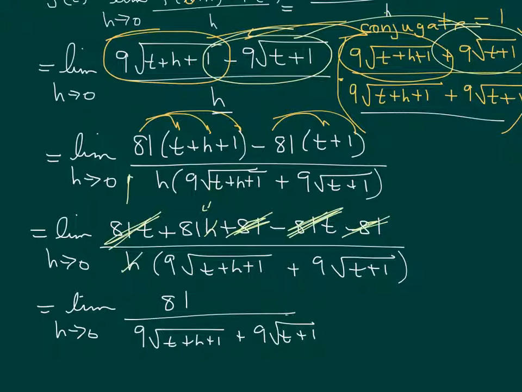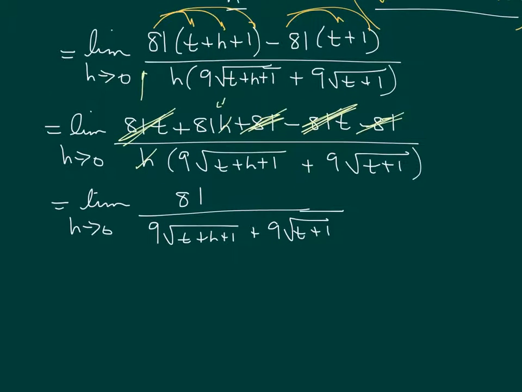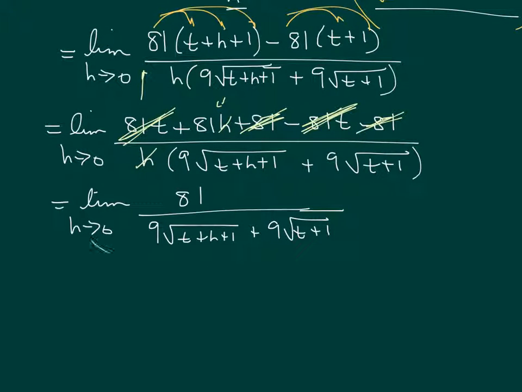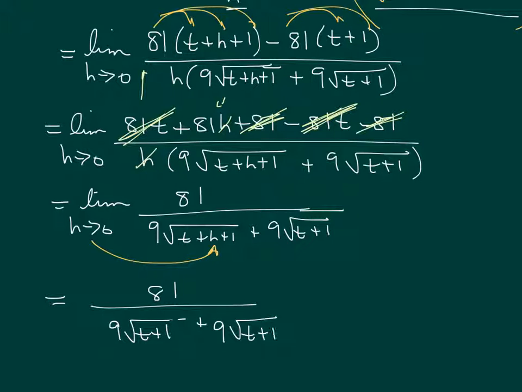And now I can actually let my h approach 0. So I'm going to end up with 9 square root of t plus 1, because I let h go to 0, plus 9 square root of t plus 1.